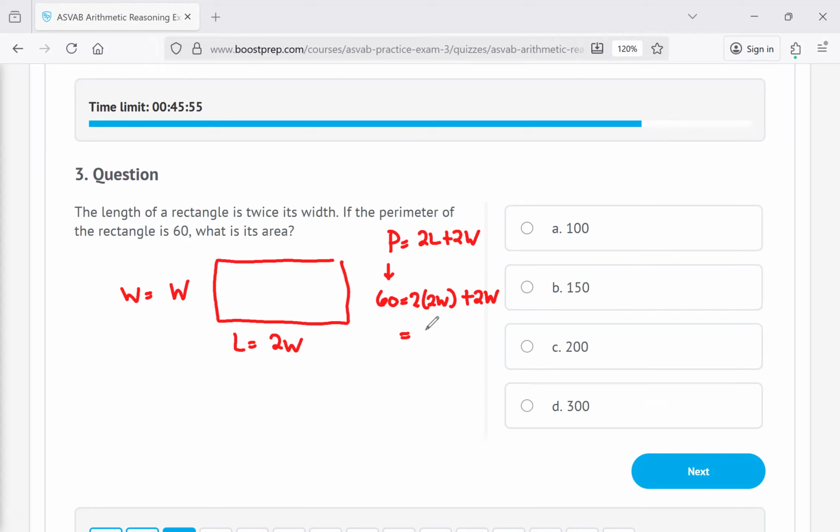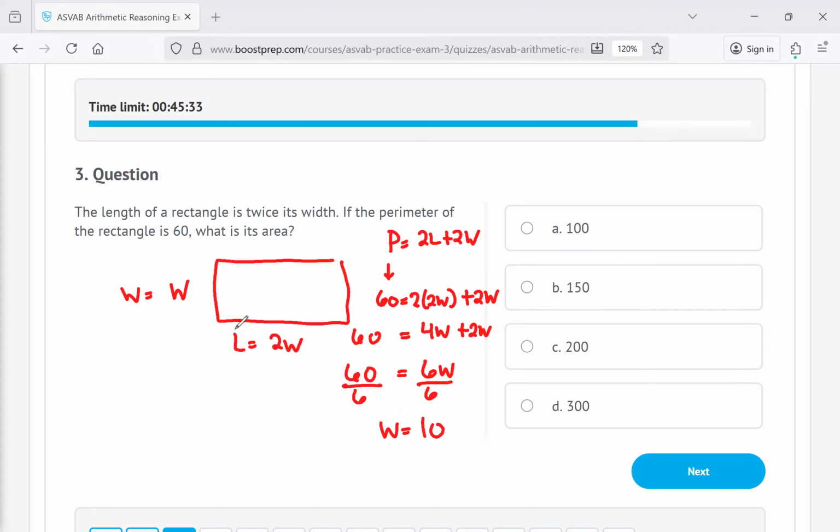What's 2 times 2W? 4W plus 2W equals 60. What's 4W plus 2W? 6W. Solve for W, so you divide both sides by 6. 60 divided by 6 is 10.